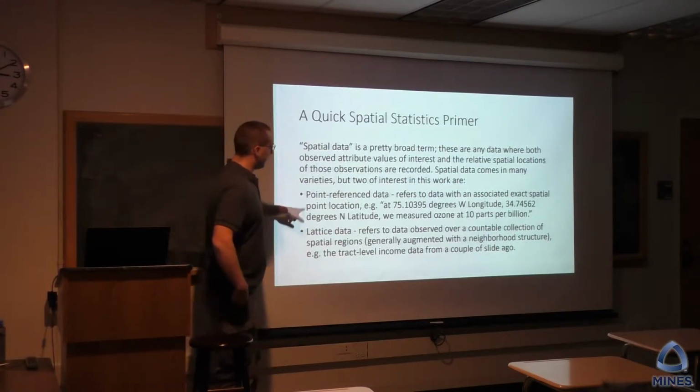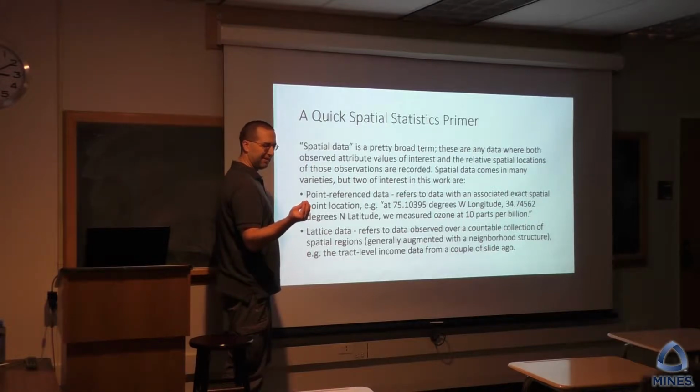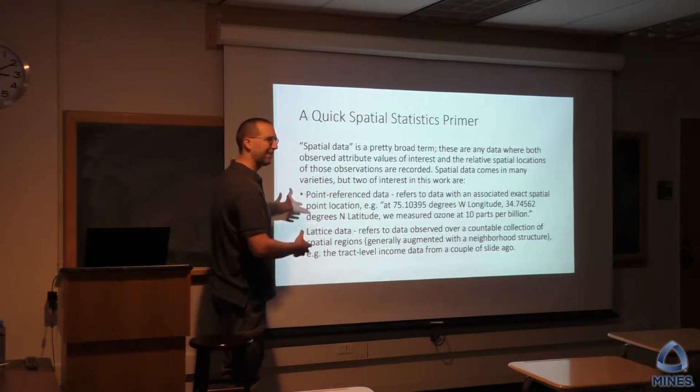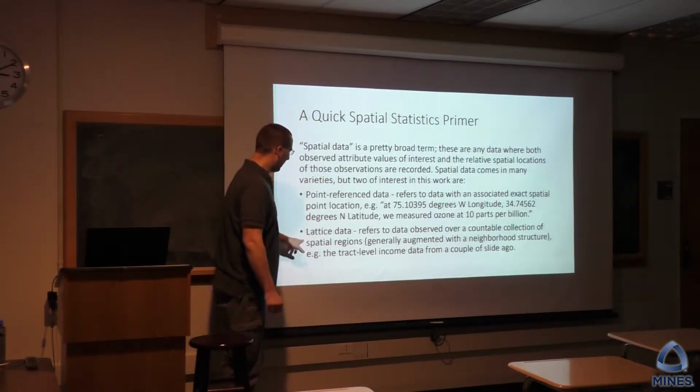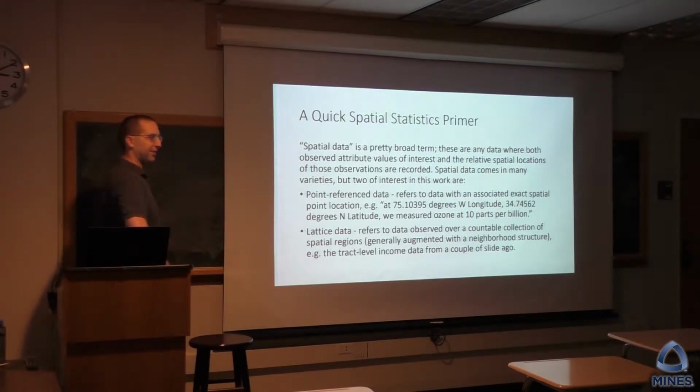Right, so point reference data is nice because part of that random element is taken away. You know where it was, and you have to figure out what that measurement is and what the error is, but at least you have that specific physical location. Then there's what's called lattice data, which is an unfortunate terminology given that we're talking about lattice kriging, and that's a different lattice, but we'll deal with that as we get there.